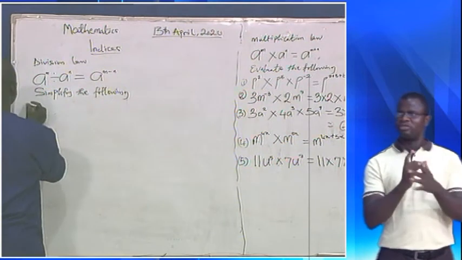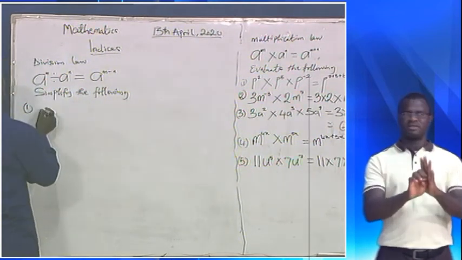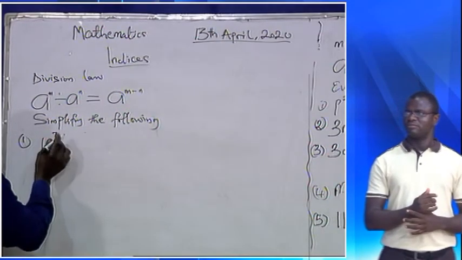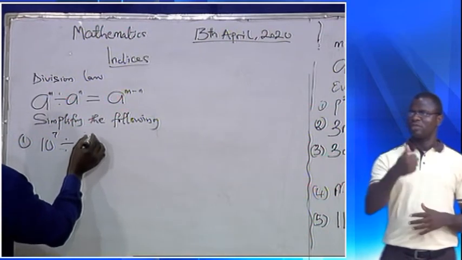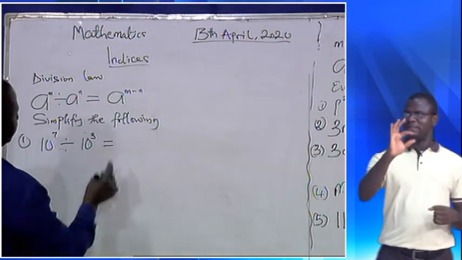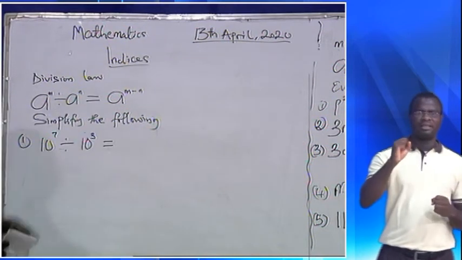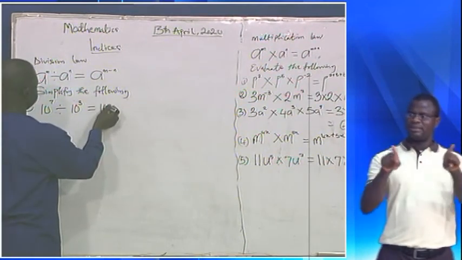Now, if we are to go with example number 1, which says 10 raised to power of 7 divided by 10 raised to power of 3. Following the rule that we have here, 10 is the common base. We are going to have 10.